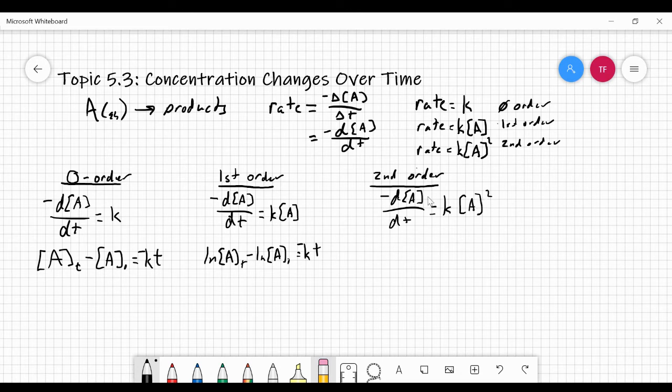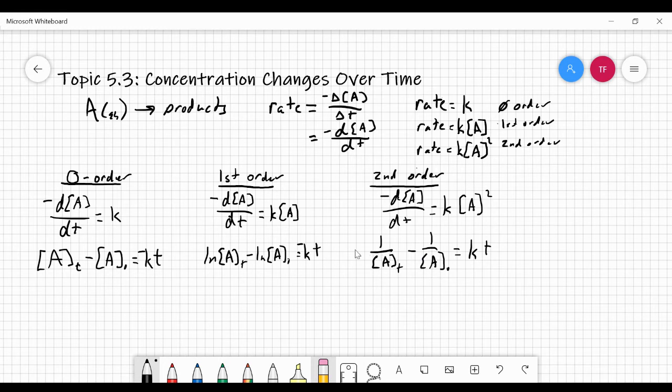And so if we integrate this equation, you will end up with 1 over the concentration of A at time t minus 1 over the concentration of A at time 0 equals kt. So these are our three integrated rate laws, and each one is specific to the order of the reaction.